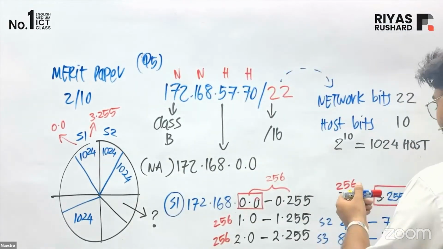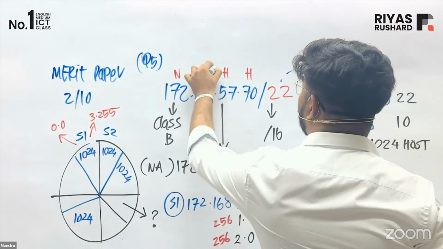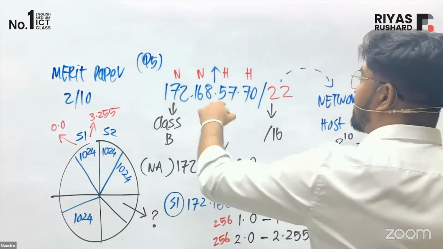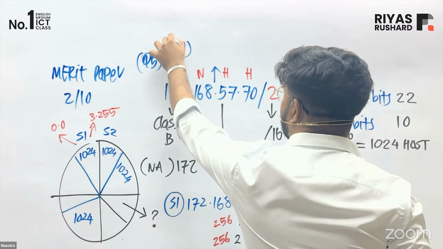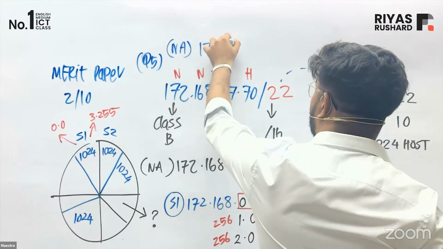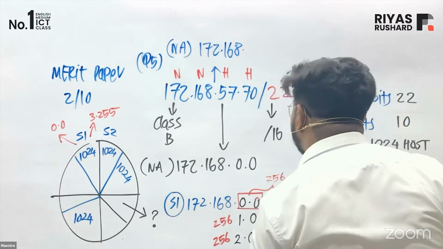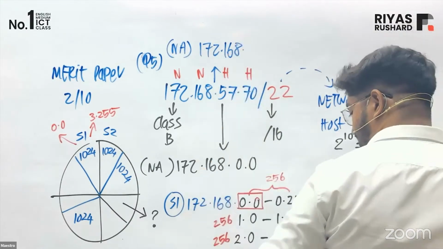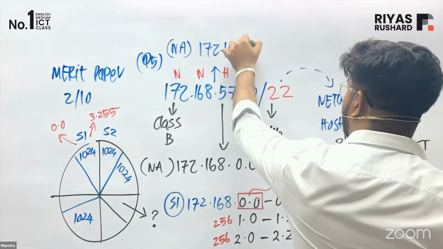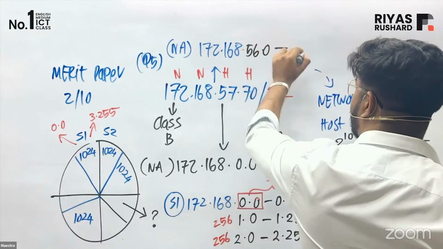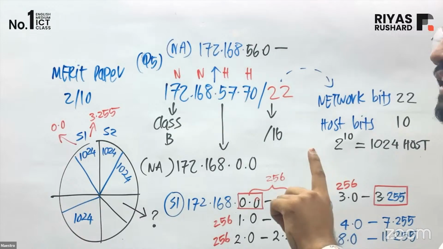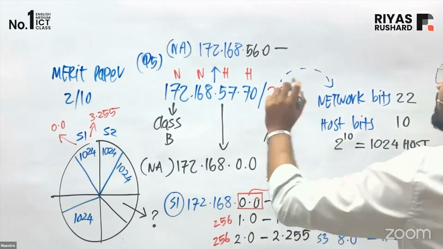So what is this one's network address then? The network address is 172.168.56.0. Good children, can you all tell me the broadcast address?